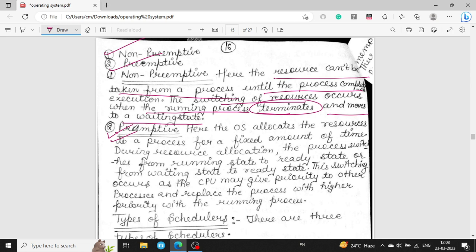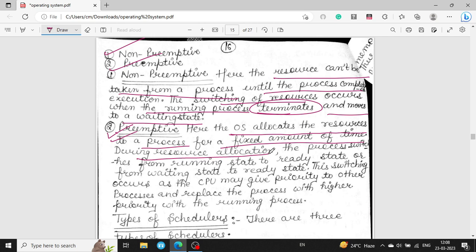The second type is preemptive. Preemptive means a resource can be taken from a process forcefully, whether the process completes its execution or not. Here the operating system allocates resources to a process for a fixed amount of time.